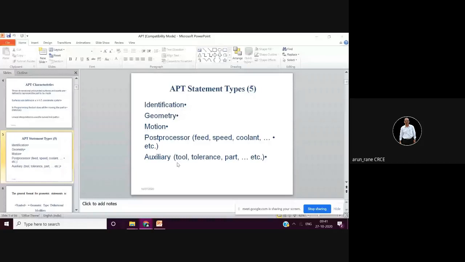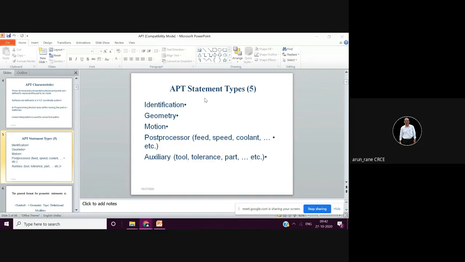Remember, here we are not using any G code or M code. Don't mix up. G codes and M codes are called the .nc file. And this is your .apt file. It is also called .clsf, cutter location source file.